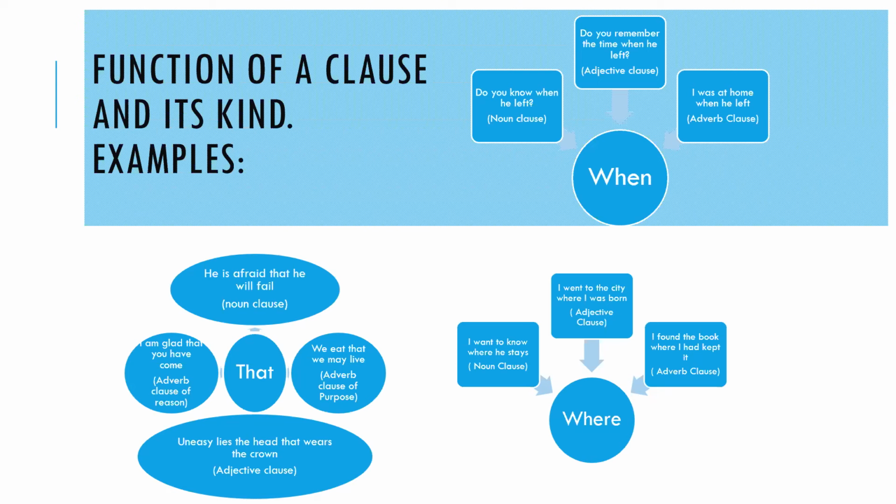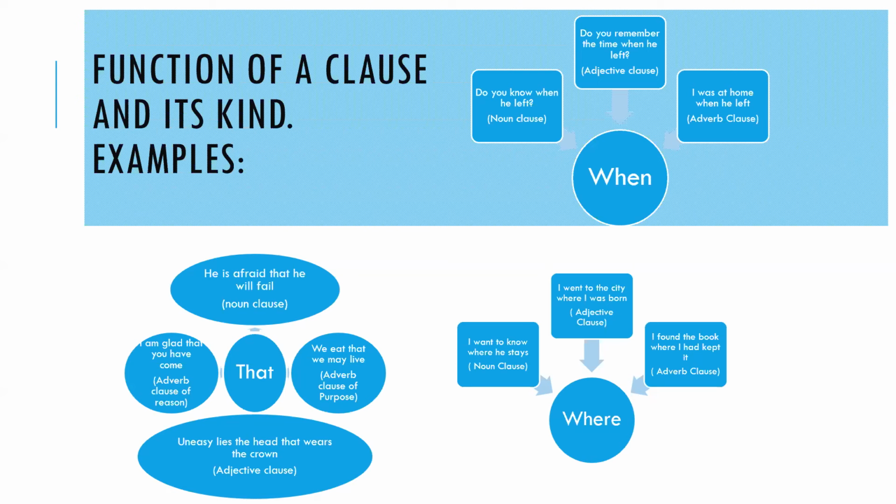We eat that we may live. Here it is speaking about the purpose. So that is why it is called an adverb clause of purpose. The next one you can see is: uneasy lies the head that wears the crown. It's a proverb which you have known very well. So it's an adjective clause.